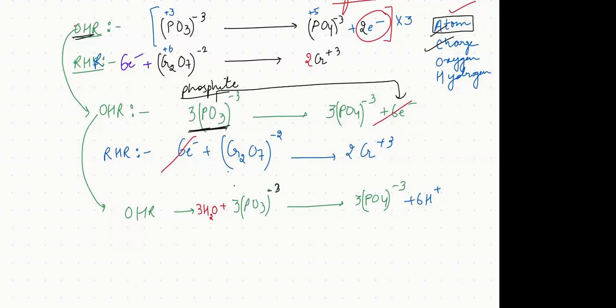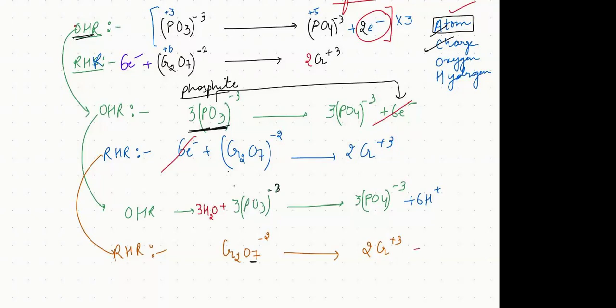Now let's take an example of the reduction half reaction. Again I'm rewriting it: Cr2O7 minus 2 gives me 2 Cr plus 3. Now how do I add it up? On the reactant side I have 7 oxygen and on the product side there is no oxygen at all, 0 oxygen. That means my product side is short of oxygen by 7.